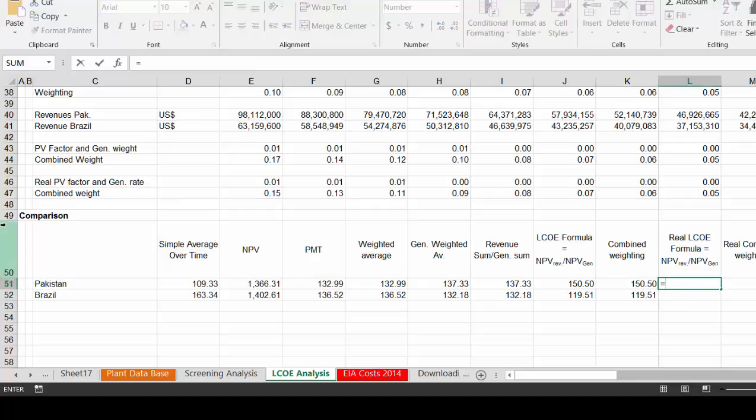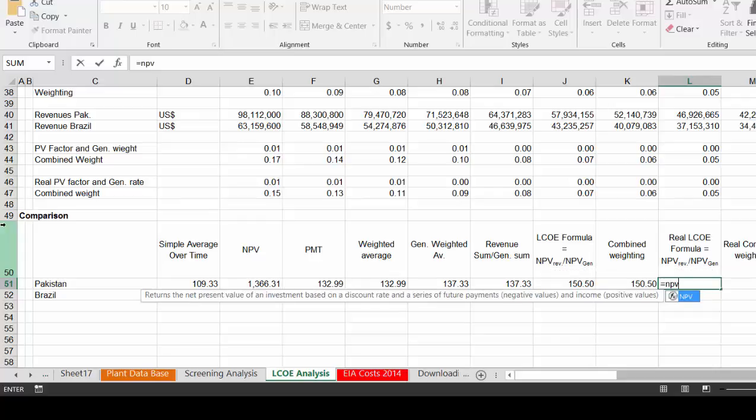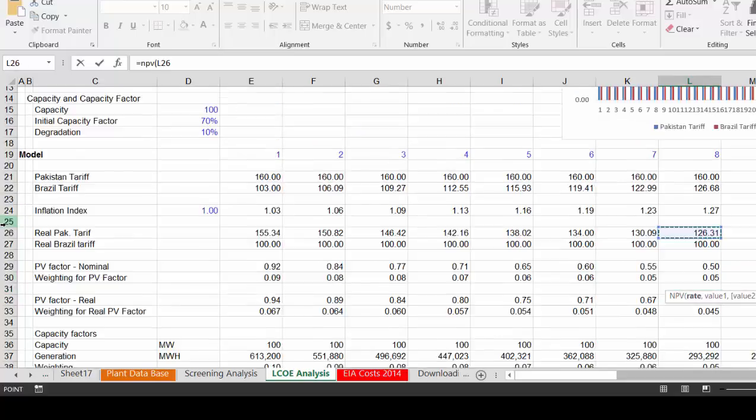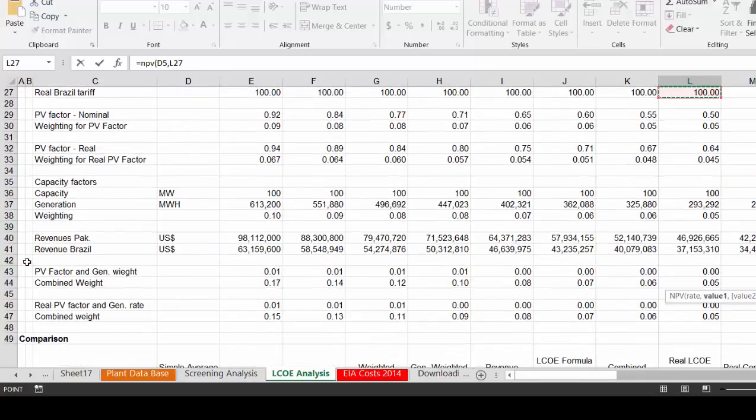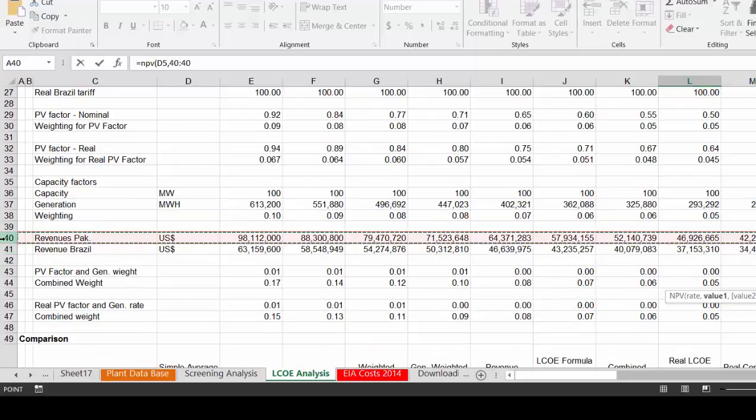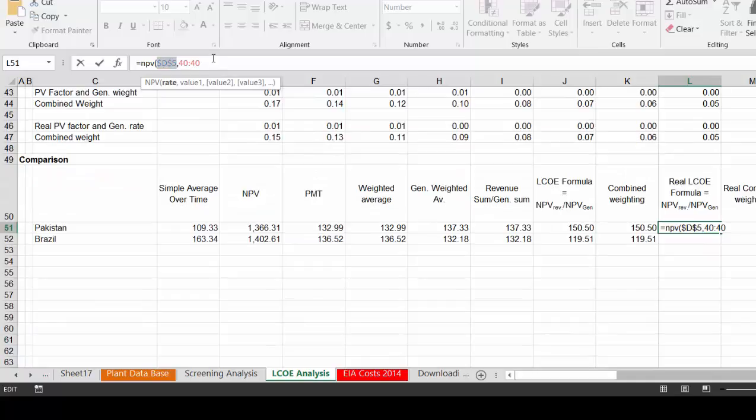Now the key thing is you can get exactly the same thing by taking the NPV, and this is very tricky. You need to take the nominal discount rate and then take the revenues, press F4 on this one, and divide that by the NPV using the real discount rate, not the nominal discount rate.